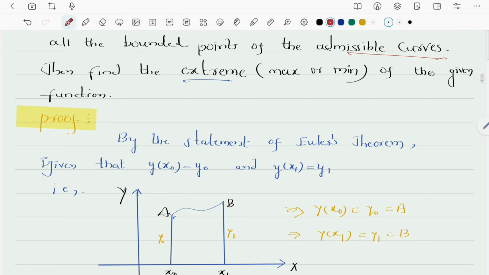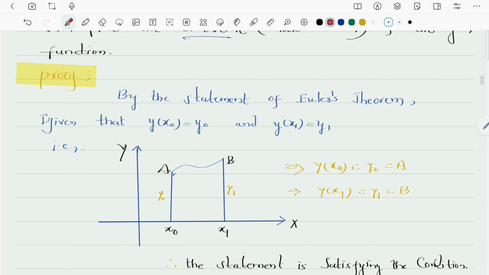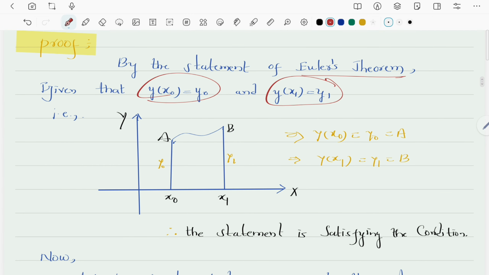Therefore now let me see the proof. By the statement of Euler's theorem, given that y of x naught is equal to y naught and y of x1 is equal to y1, graphically we can represent it with the x-axis and y-axis.